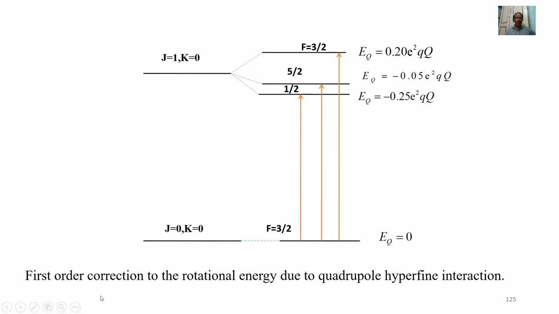The first order correction to the rotational energy due to quadrupole hyperfine interaction is given in the figure, and there are 3 rotational energies. E_Q equals minus 0.25 e squared Q q, similarly minus 0.05 times e squared Q q, and the other one at F equals 3 by 2 is E_Q equals 0.20 e squared Q q.